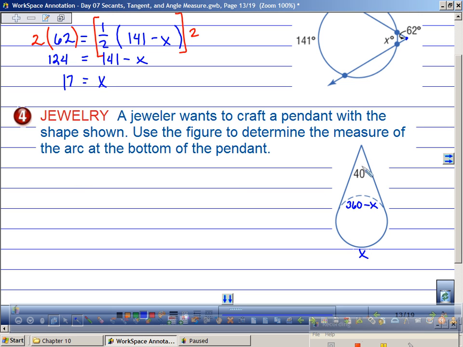Let's solve for this. What does 40 degrees have to do with these two arcs? 40 equals half of x minus 360 minus x. Let's use brackets, it'll be easier to see.